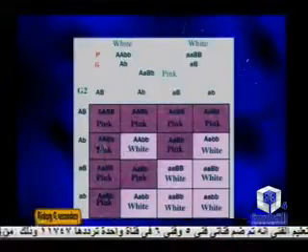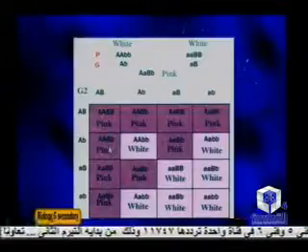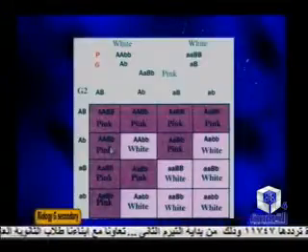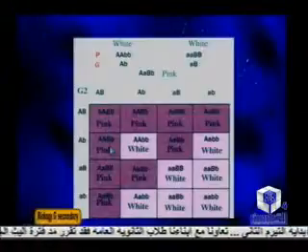In this way, both of them complete the function of each other, and they make an enzyme which helps in the production of the pigment's color.